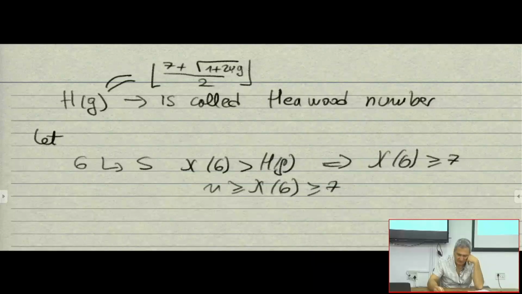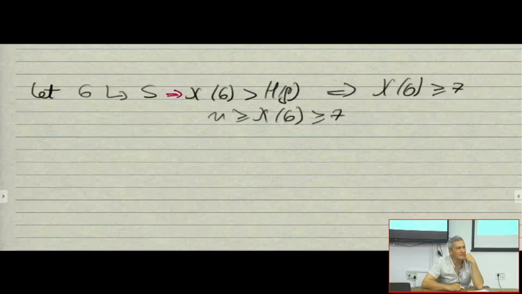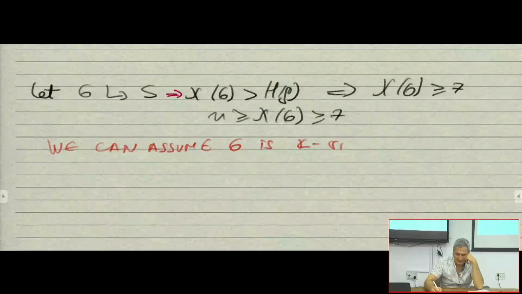We go by contradiction. We can assume G is k-critical.